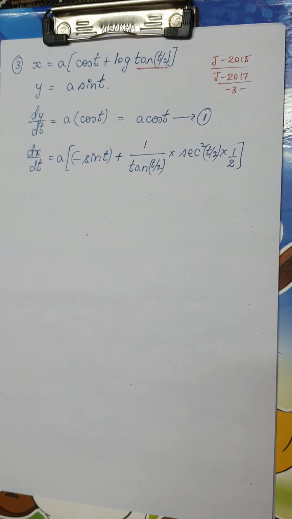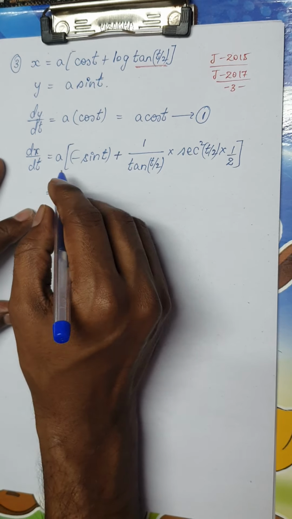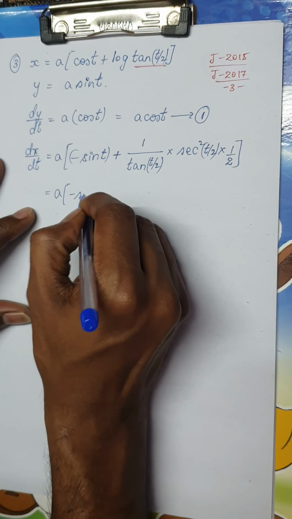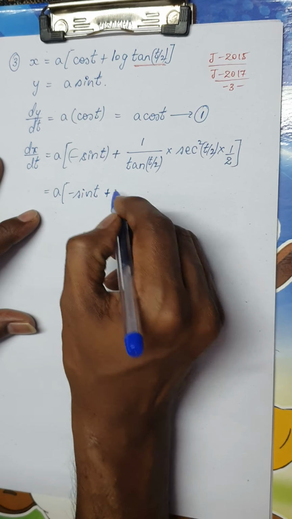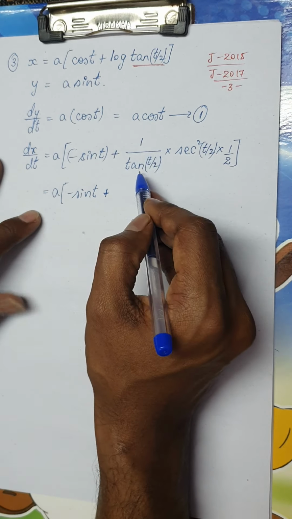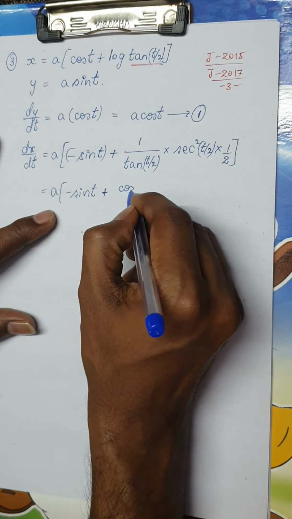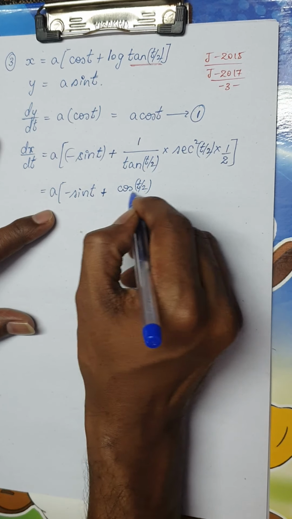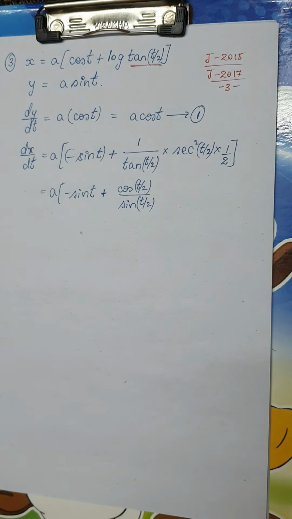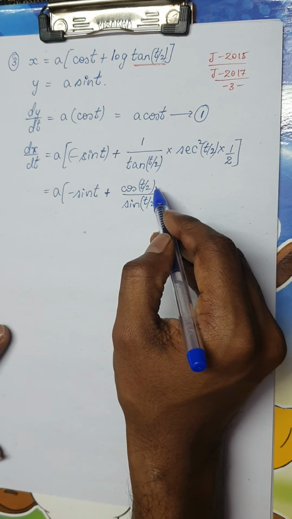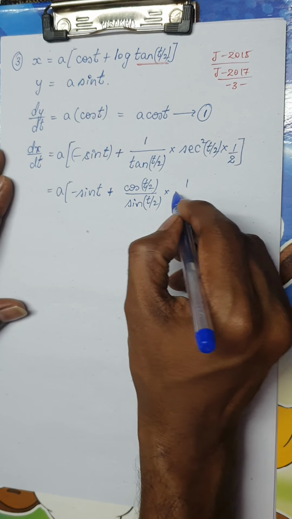And that's it. Now we are going to make some arrangements here. This is nothing but a into minus sin t, plus 1 by tan. What do you mean by 1 by tan? 1 by tan is nothing but cot, isn't it? So cot t by 2 can be written as cos t by 2 divided by sin t by 2. I am just making some arrangements here, into secant square, which is the reciprocal of cos square.